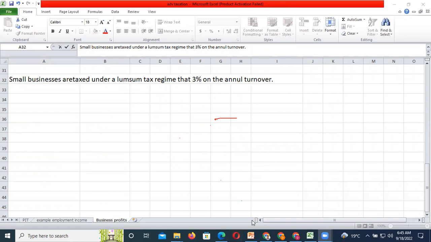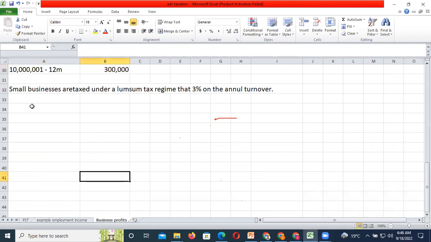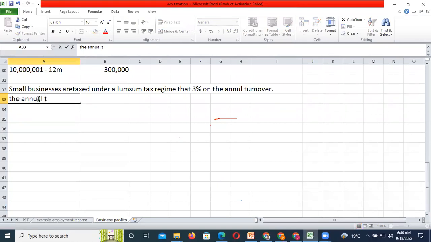If it is above 12 million, it's no longer micro. In that case, it is a small business. So the annual turnover for a small business ranges from 12 million to 20 million. For as long as the annual turnover is above 12 million, that one is a small business.